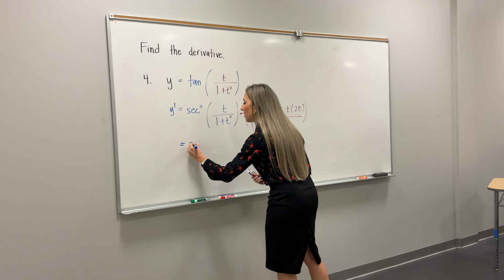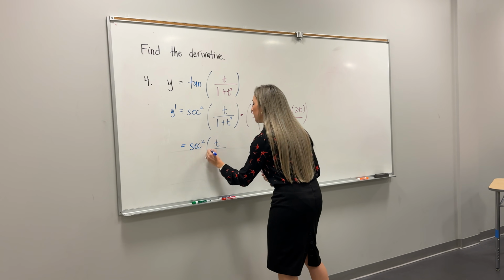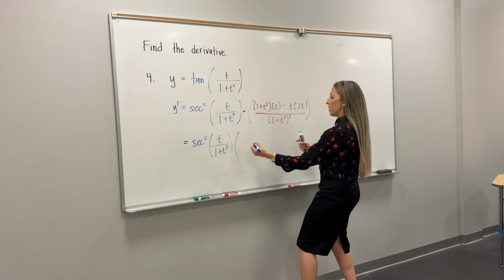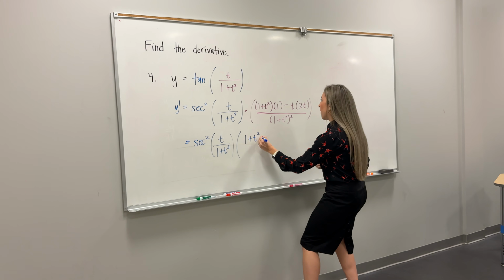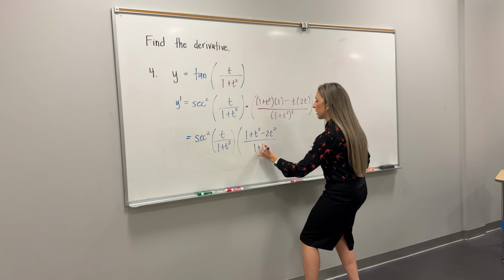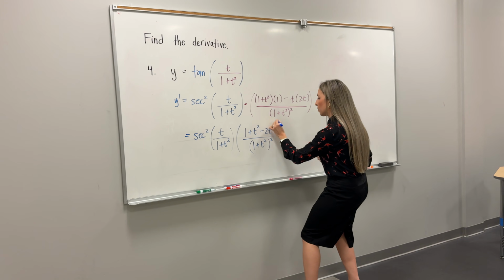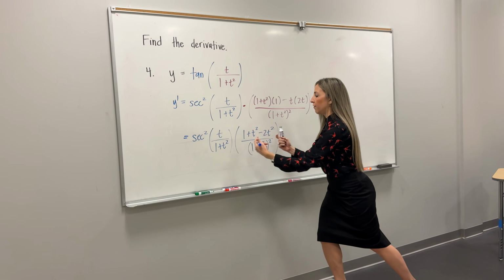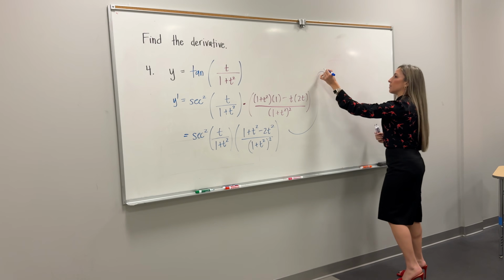I'm just going to leave the secant squared t over 1 plus t squared hanging out here. And then this is 1 plus t squared minus 2t squared over 1 plus t squared quantity squared. And then probably just for simplification, let's put all of this in the front, and I'm going to combine these like terms.